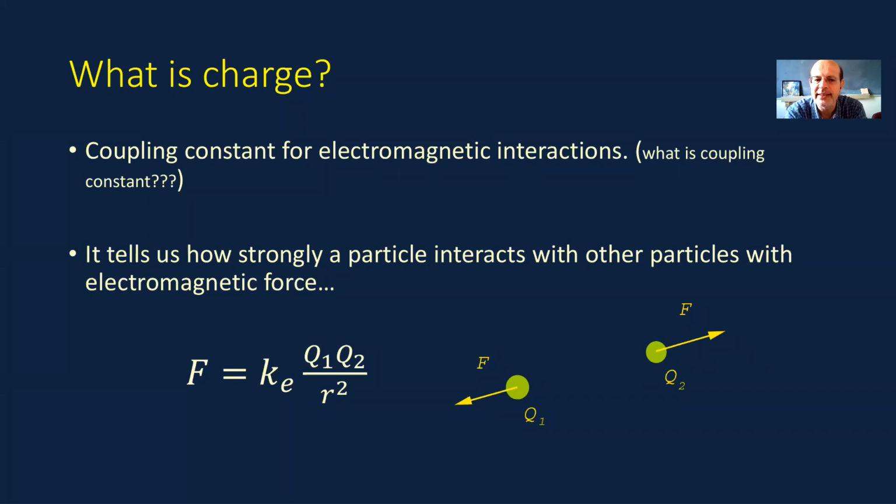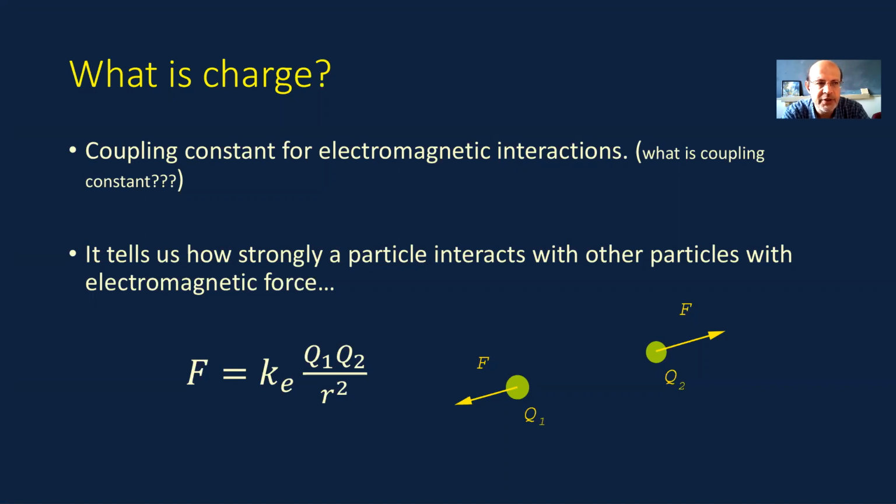Their coupling constant is equal to zero, and therefore they don't interact with other particles through electromagnetic interactions. Similarly, if a particle has twice the charge of a second particle, then the first particle interacts twice as strongly with the electromagnetic interactions as the second one.